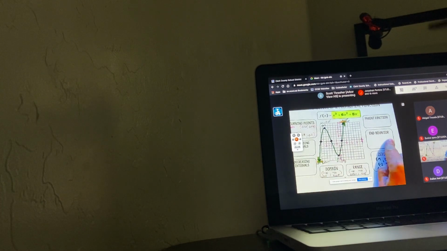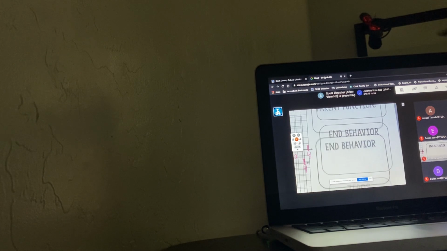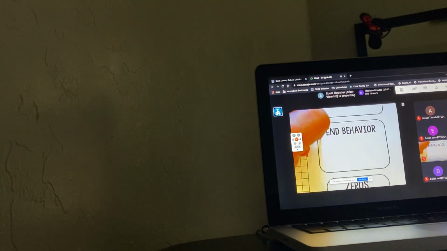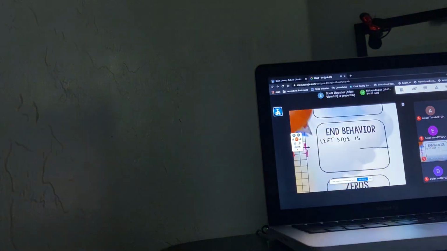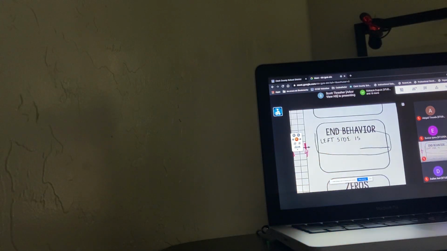End behavior. End behavior is very much like left and right. Okay, what is the left side doing? What is the right side doing? So when you list end behavior, all I want you to do is fill in the blank. You need to tell me that the left side is... what is the left side doing?